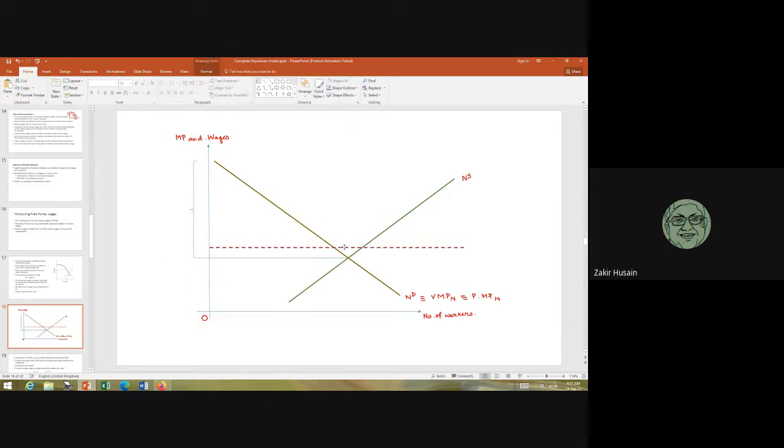So at any point over here, it is only the money wage and the demand curve which sets the optimal employment, the number of workers employed. The supply curve doesn't come into the picture.